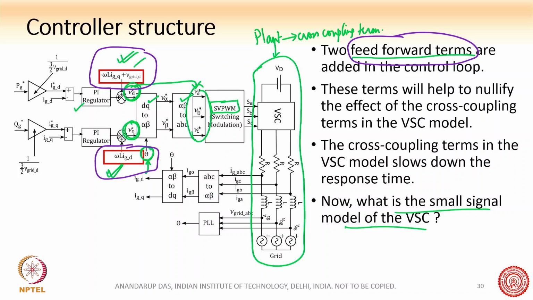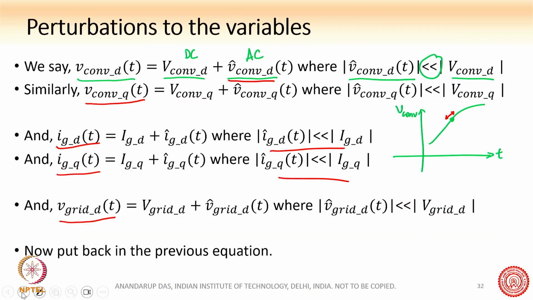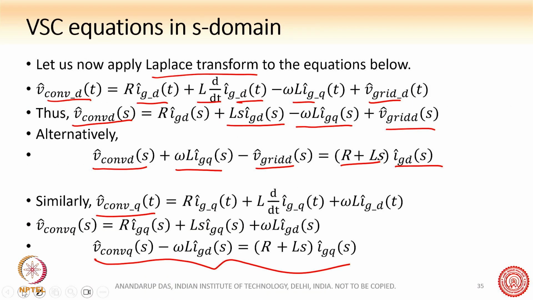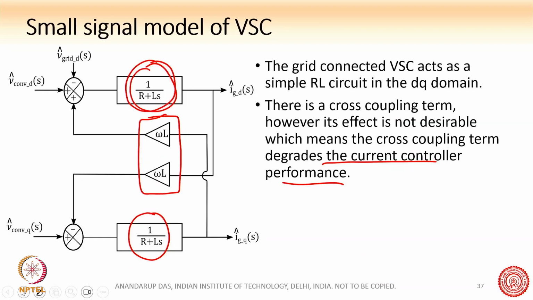So we have already added it in the controller so as to take care of the cross coupling term inside the plant, and this actually works very nicely in the actual system. So if you see here in the model, although we have these cross coupling terms and this v grid d, we are actually taking care of it inside our controller through the feed forward terms.